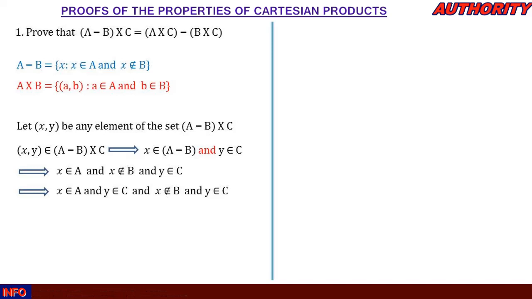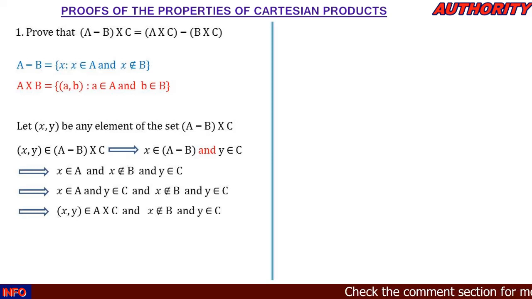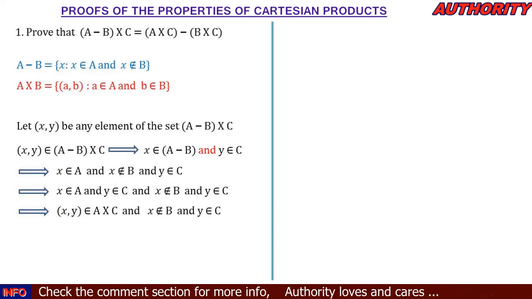We can simply say A cross C. Is that true? Yes. And then that means we're going to have X comma Y exists in A cross C, where X exists in A and Y exists in C. Is that true? Yes. And then we go again, and X does not exist in B and Y exists in C.